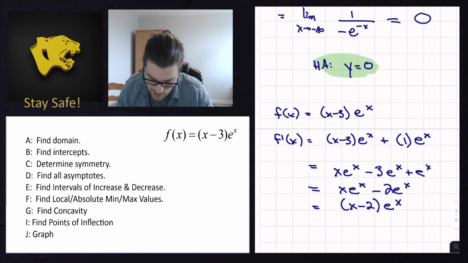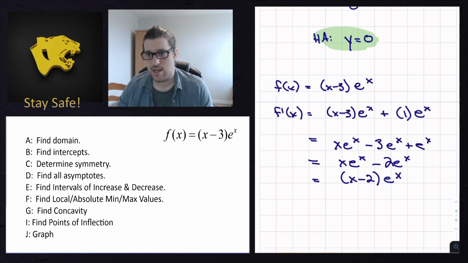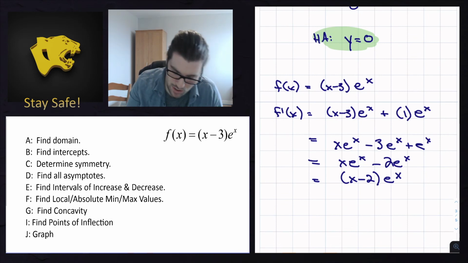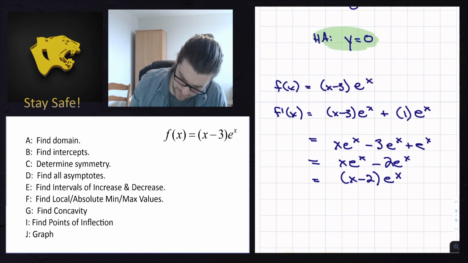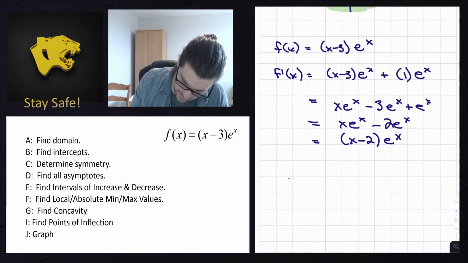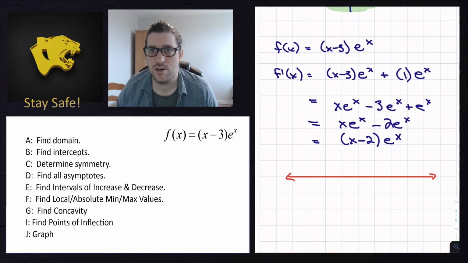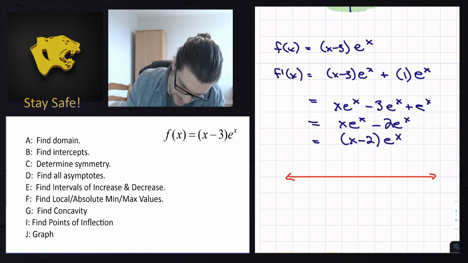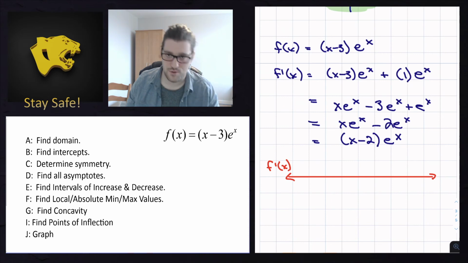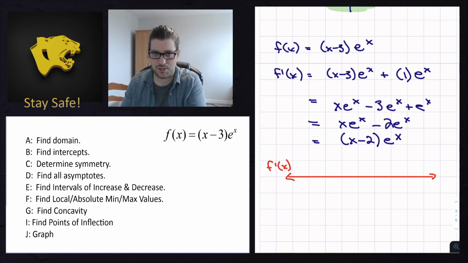Now, that (x minus 2) e to the x, how are we going to use that to find our intervals of increase or decrease? Well, for this particular function, I'm going to number line it. And as I do that, what I'm doing is I'm actually going to be assessing the signs of the derivative at some special values.